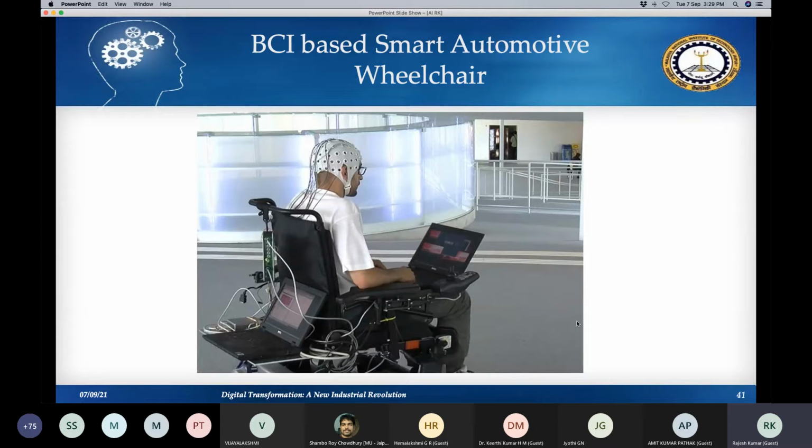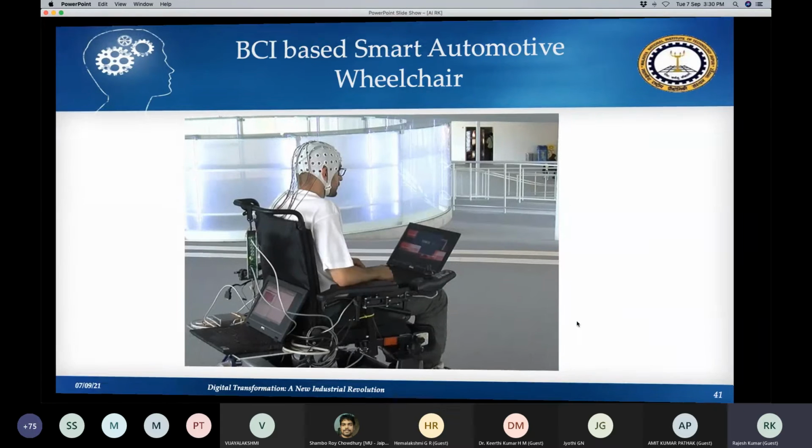You can see the sensors on the cap. These sensors capture the signals, and the signals are then analyzed to find out what the person is thinking, and based upon that some kind of decision can be taken whether to move forward, left, or right, which is done by this automated wheelchair which you can see on your screen.